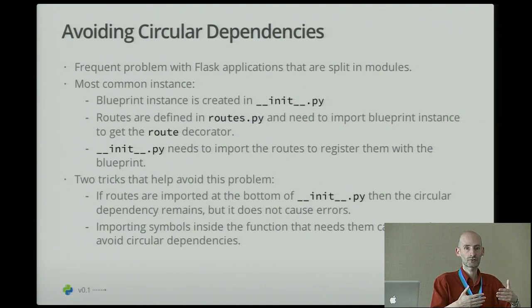By putting the routes at the bottom in the package constructor, you are giving precedence to the package constructor. That runs first. After it creates the blueprint, only then it imports the routes. The circular dependency remains, but at least now the blueprint is defined, so the routes can see it. Does that make sense?